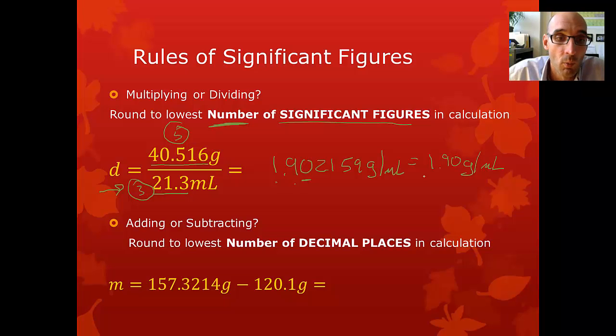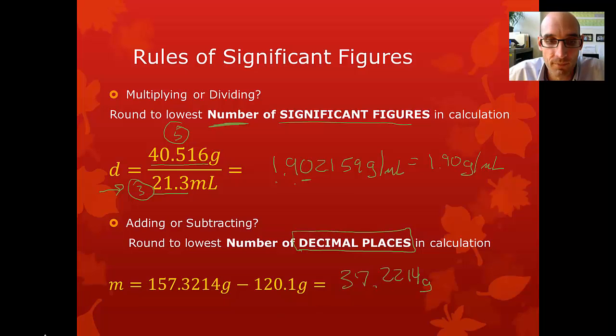Remember that. When we're adding and subtracting, now we're no longer interested in the number of sig figs, but we're interested in the number of decimal places. In this example down here, my number on my calculator turns out to be 37.2214 grams. Now, how many decimal places do I have? I have 4 decimal places in this case.